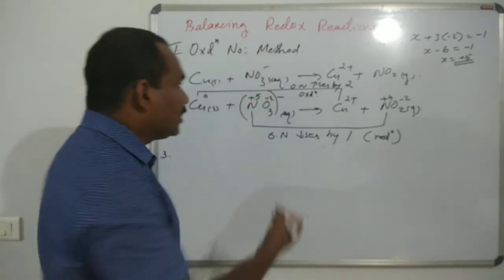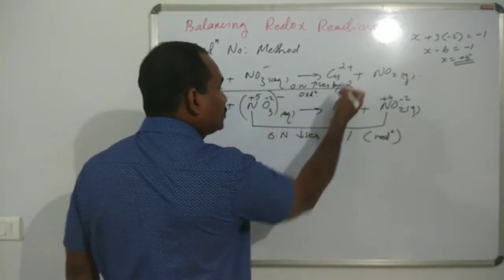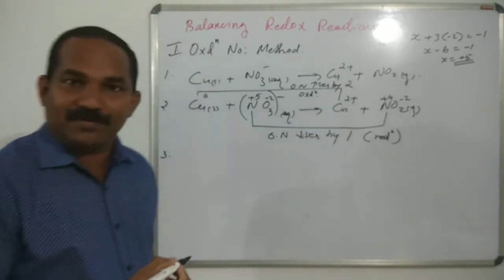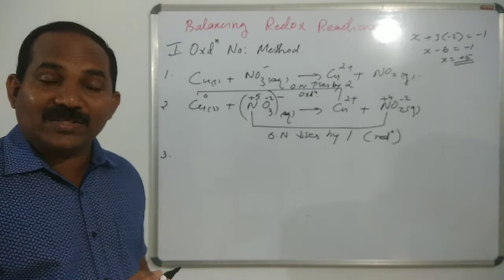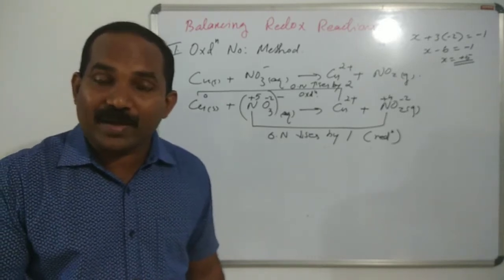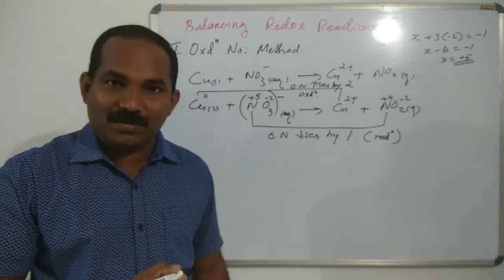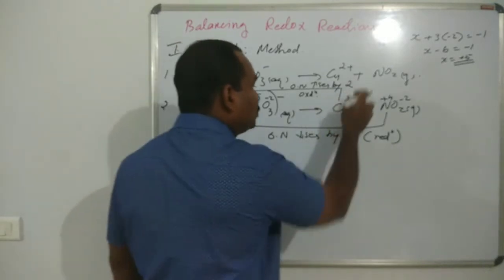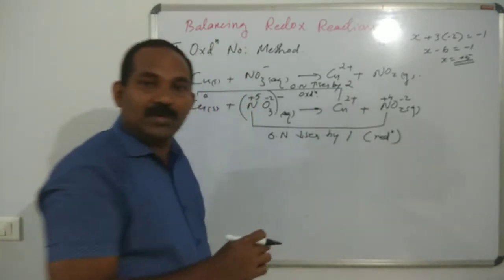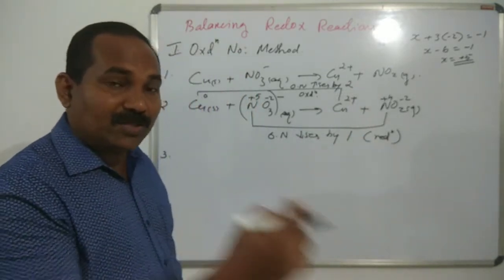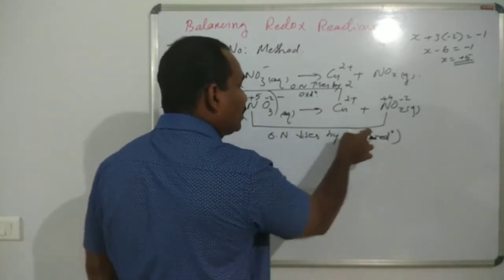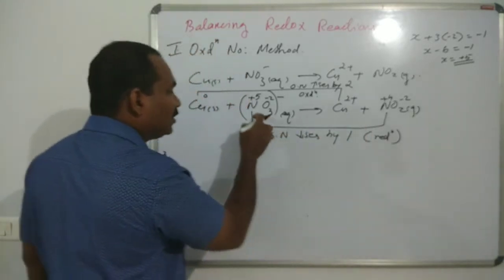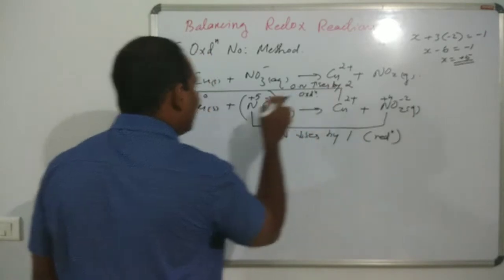Okay, then here increases by 2, decreases by 1. So LCM of 2 and 1 is 2. In order to make 1 become 2, you multiply the reduction reaction.